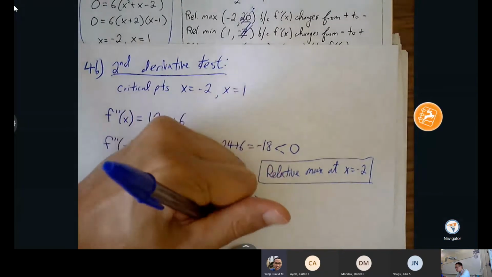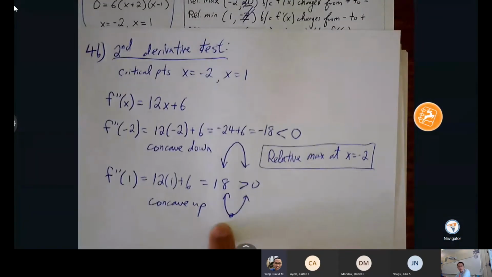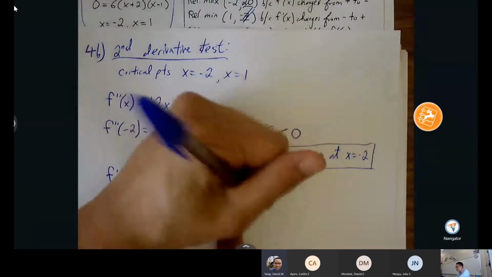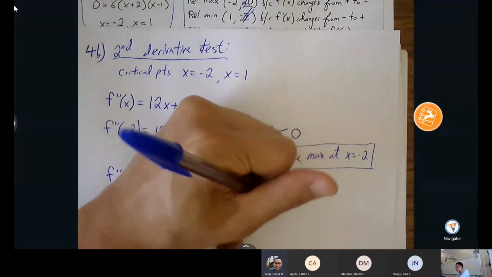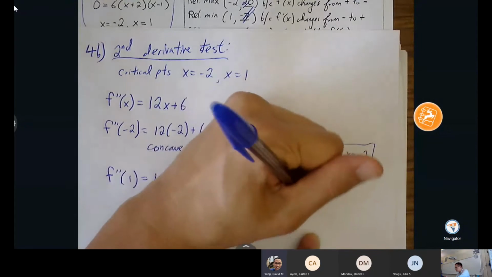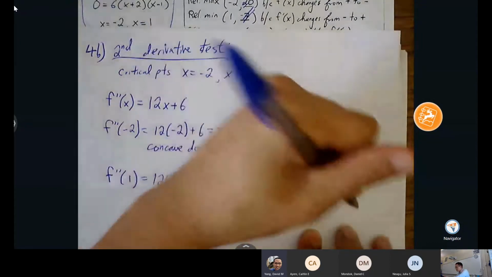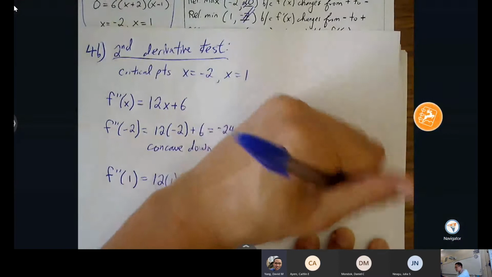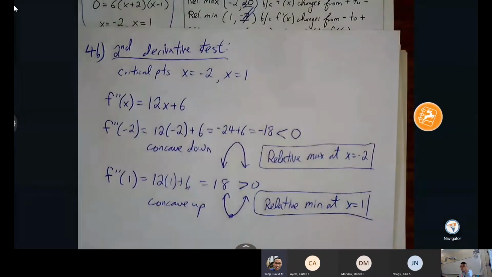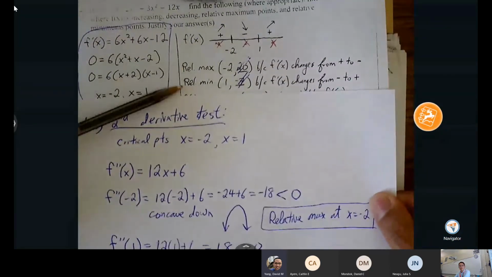The only point that we see that has a slope of 0 is a point that looks like a relative minimum. And this matches the result that we got from first derivative test, right?